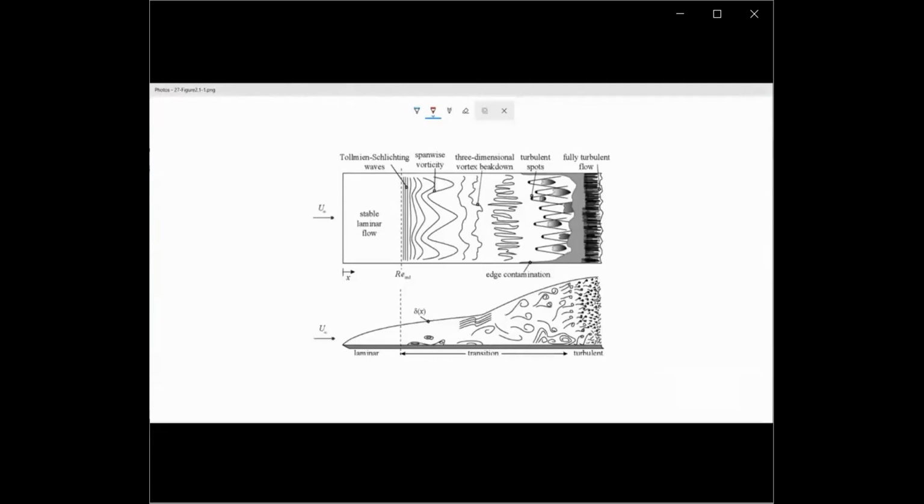We need the surface friction coefficient distribution, and we need to integrate it to get the viscous drag. And we have seen that many of these estimations depend on the velocity profile that we need to know inside the boundary layer, right? So how to find it?